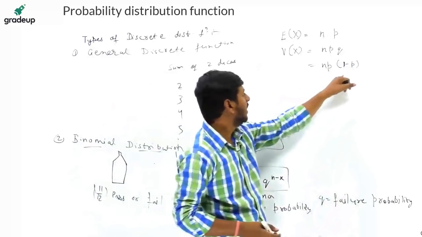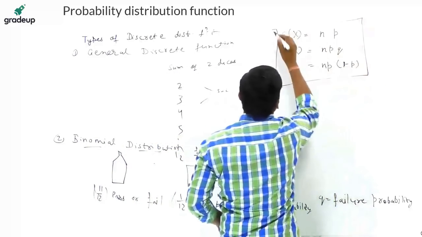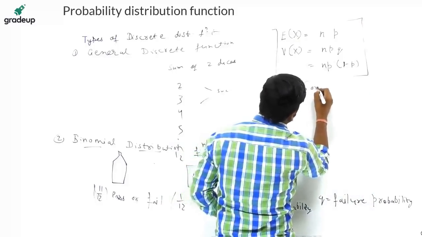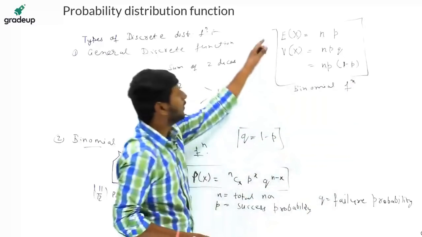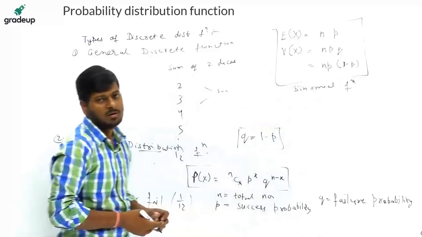You have to remember these two values for the binomial distribution function. These are two very important formulas for binomial distribution functions.